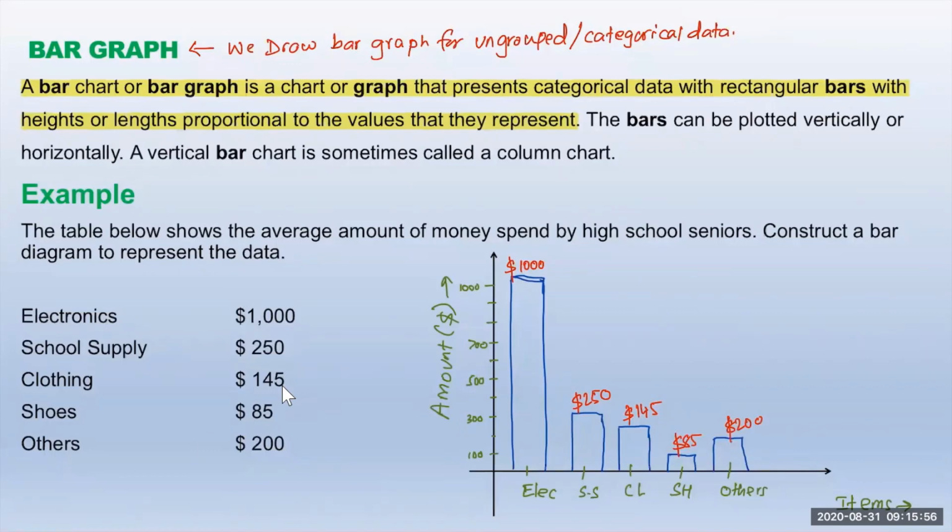And you can also beautify your bars. You can color it. You can just shade it using your pencil. I'm just doing it like this to beautify the bars. So here we constructed the bar diagram for the categorical data. So this is how we construct the bar diagram for ungrouped data or categorical data.